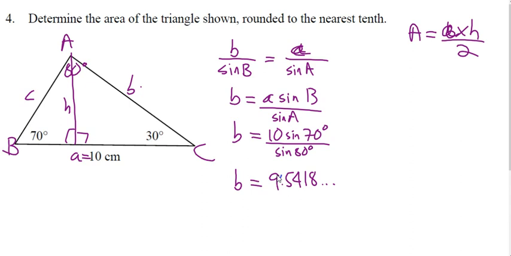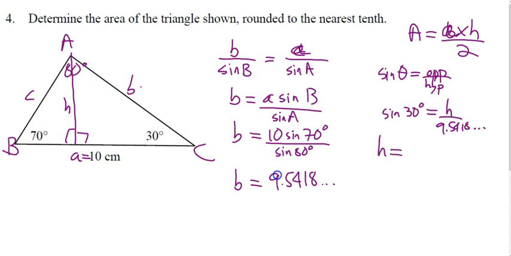Now it's a right angle triangle, so we could say sine theta is equal to opposite over hypotenuse. So sine 30 degrees is equal to h over b. We know b, right? H over 9.5418. H is equal to 9.54 times sine 30 degrees.